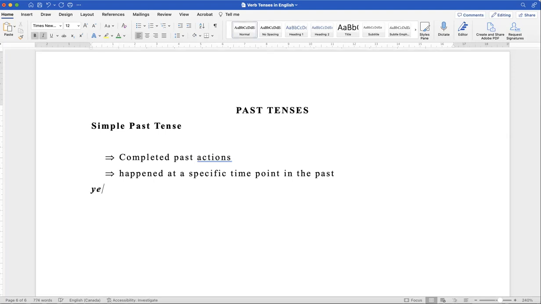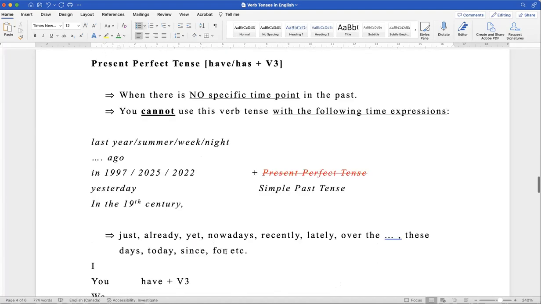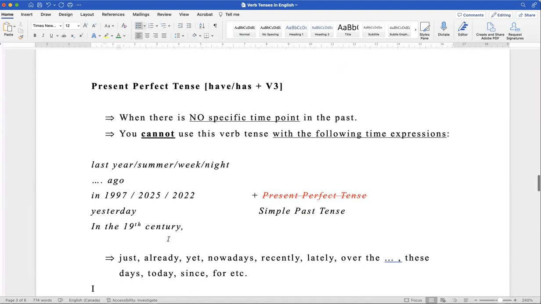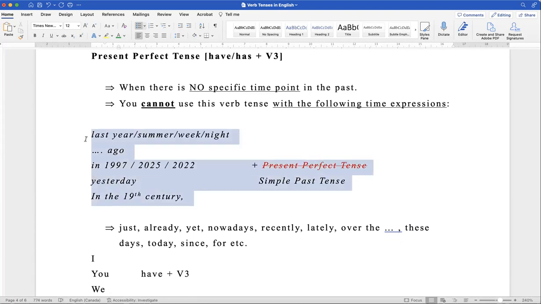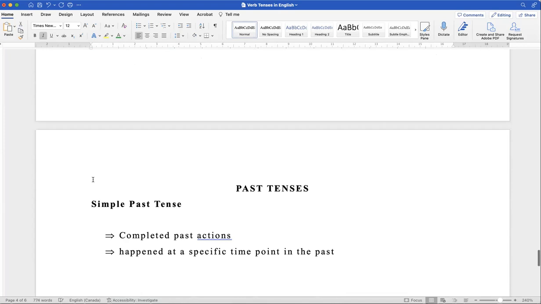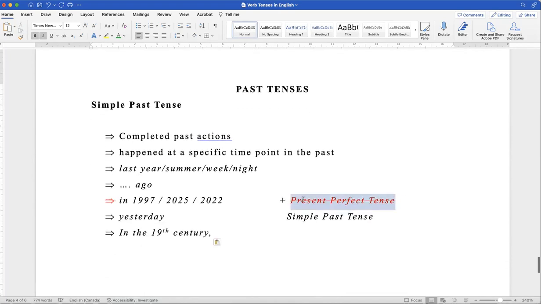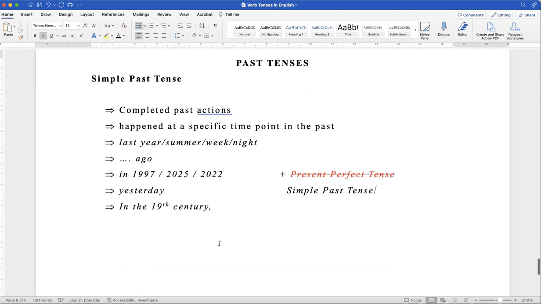For example, like yesterday, I can just copy from above. So this time we need to use these time expressions. Again, in these time expressions, we don't use present perfect tense because it's a specific time point. Okay, so this is not correct.